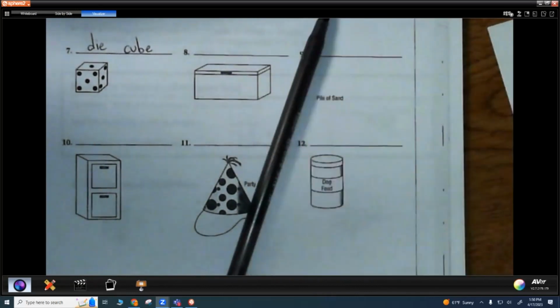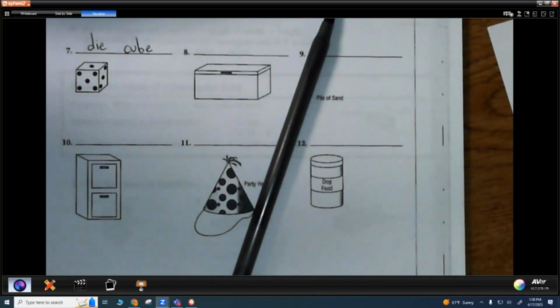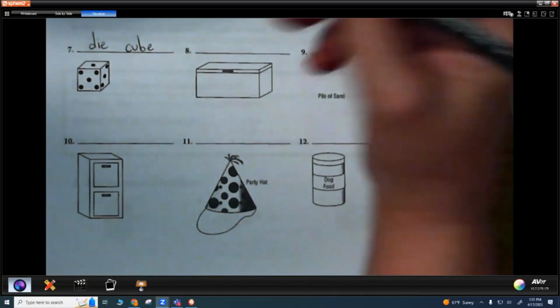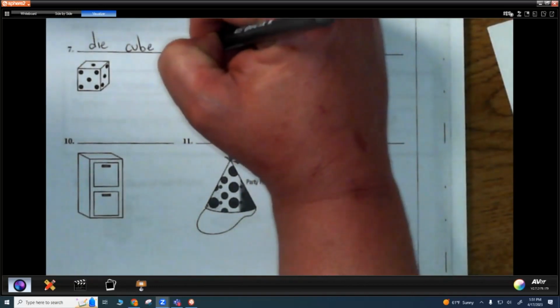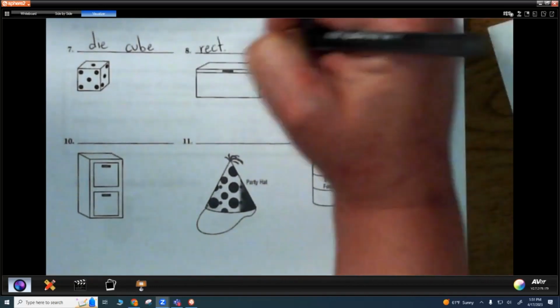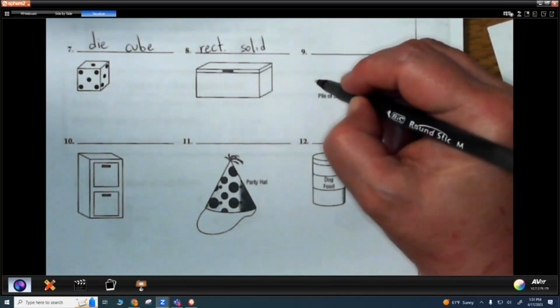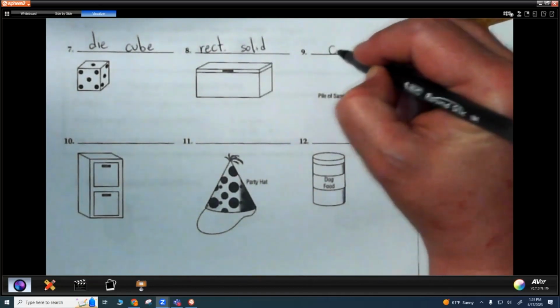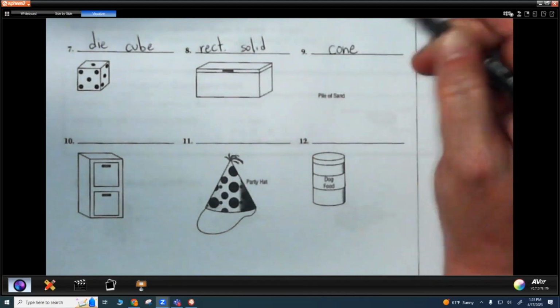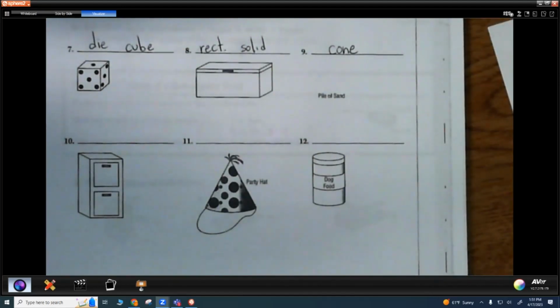So once again, if you have more than a 6-sided dice, the faces make it look more and more like a circle, like a sphere. Ice chest, freezer box. Anything that's a pile of sand or gravel is gonna be a cone.